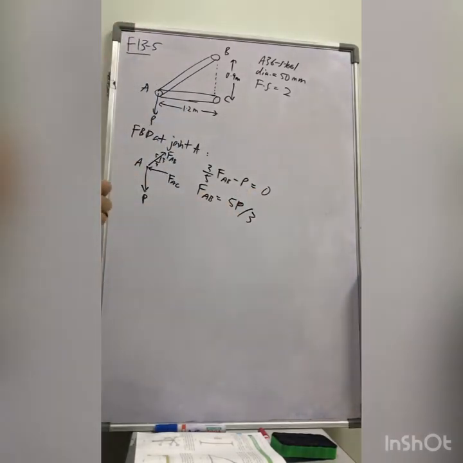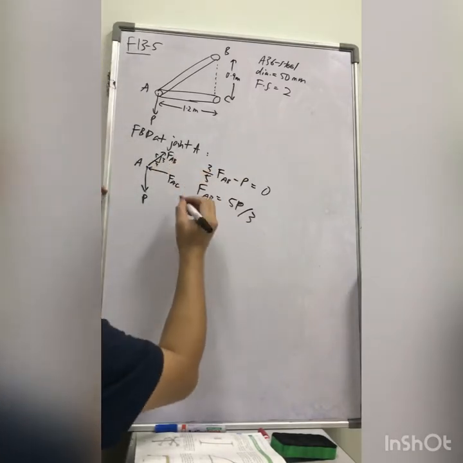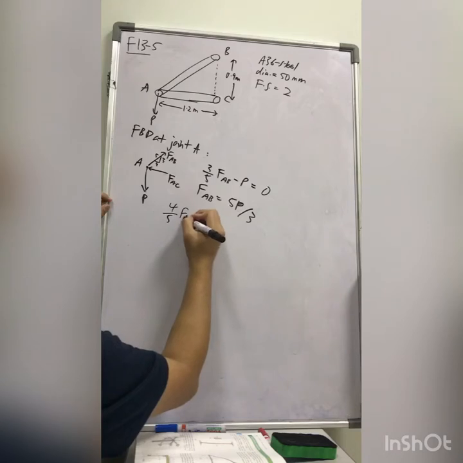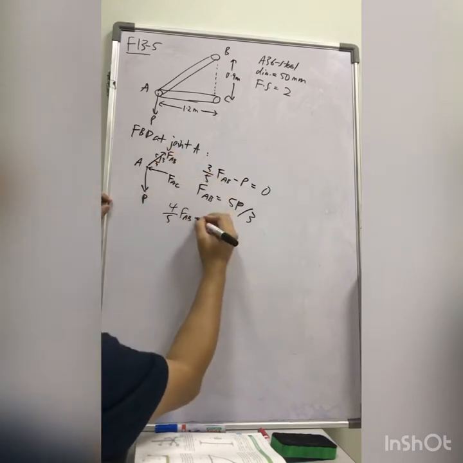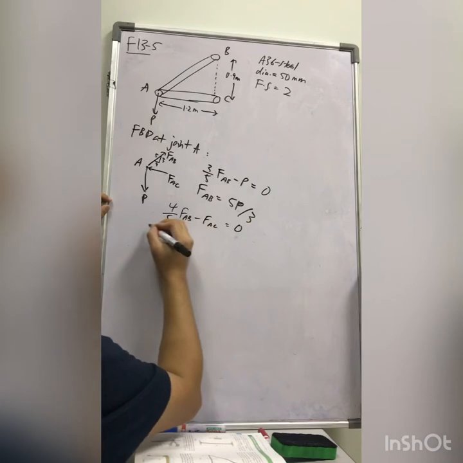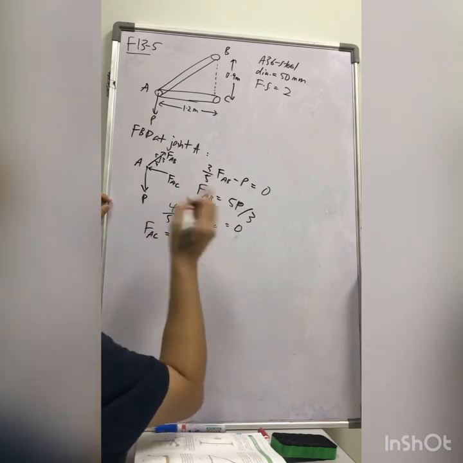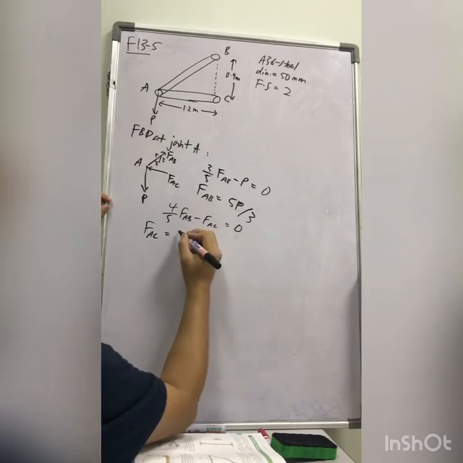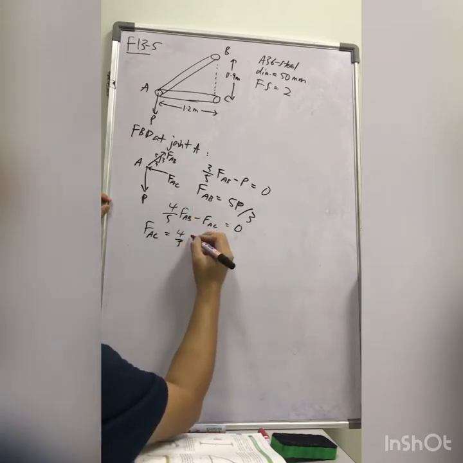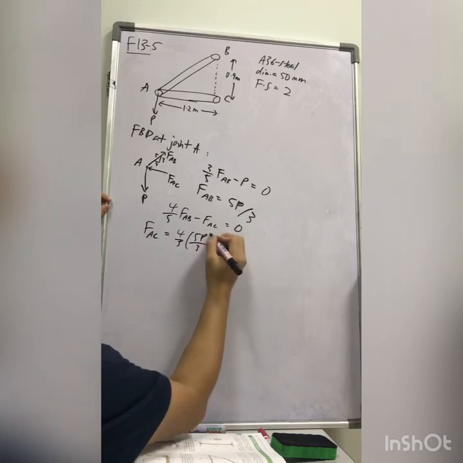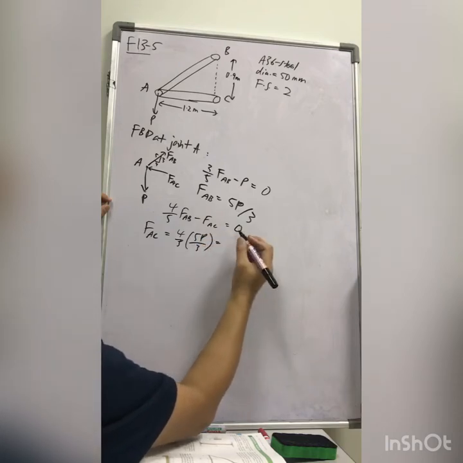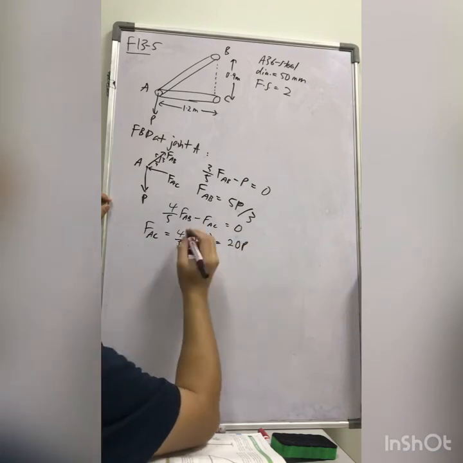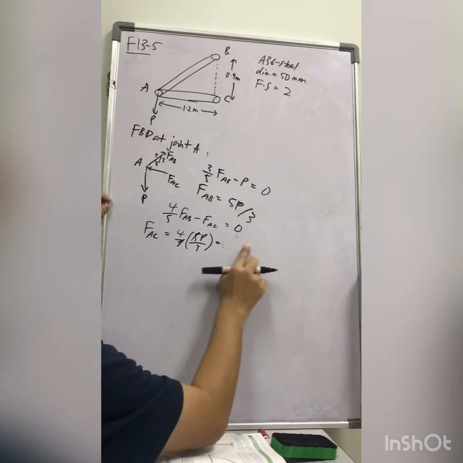And then you do Fx equal to 0, so you will have 4 over 5 FAB minus FAC equals to 0. So your FAC in terms of P, which is the most important thing here, is 4 over 5 times 5P over 3, so 4P over 3.